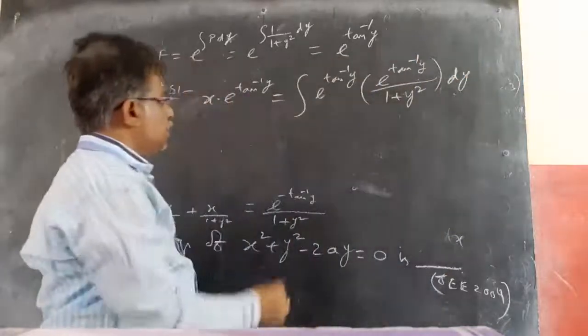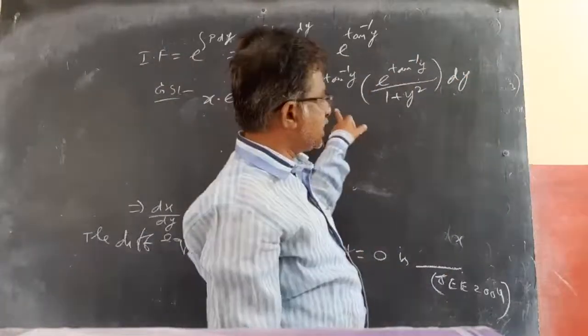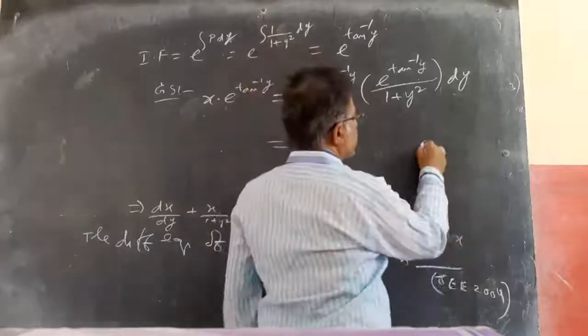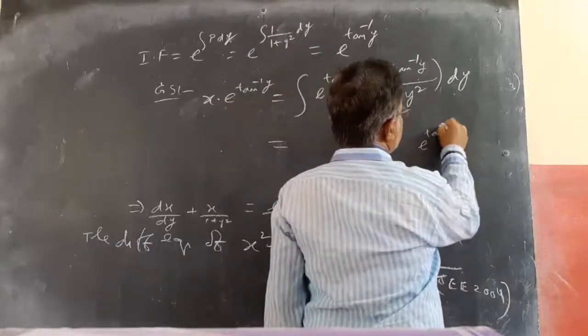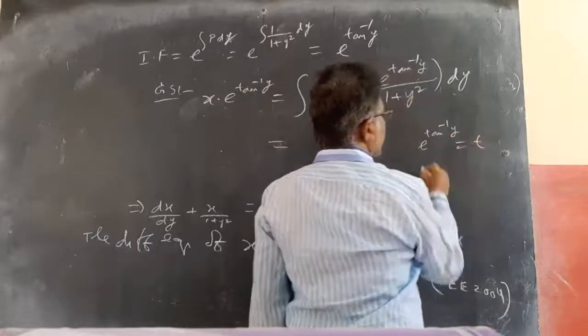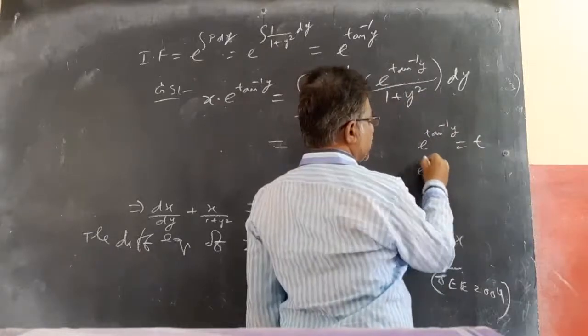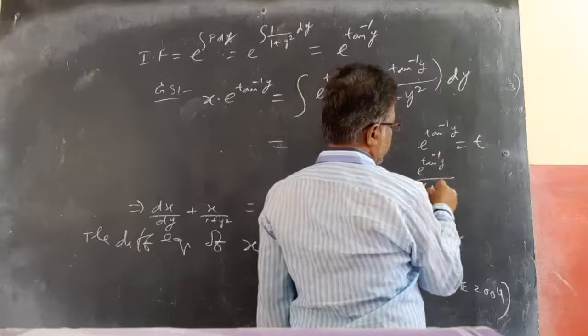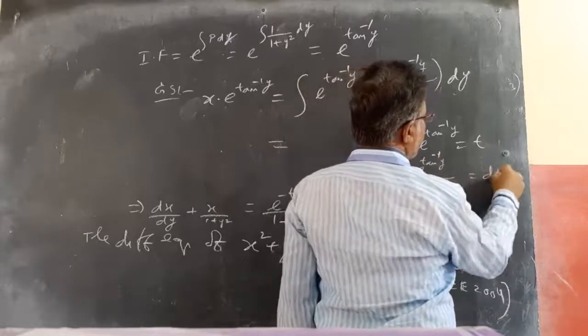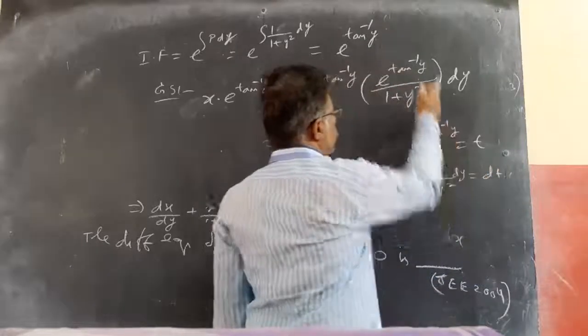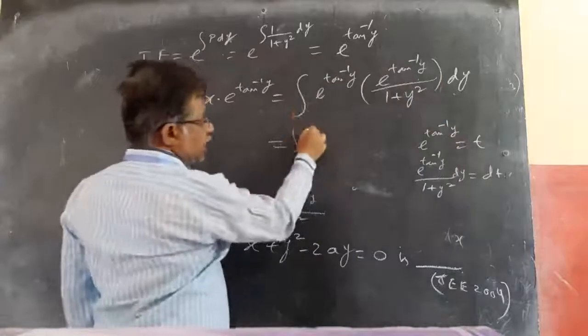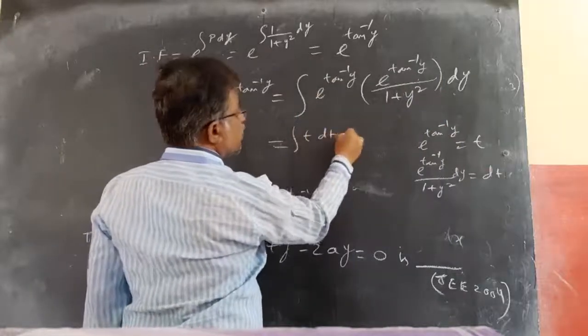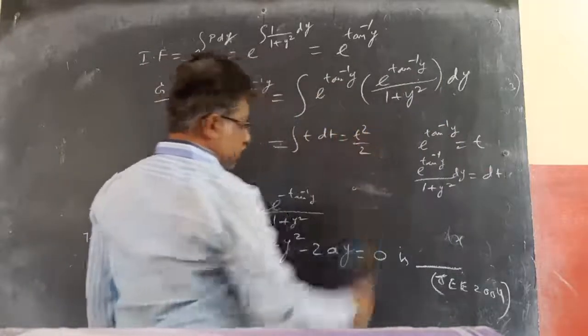Now if you observe, let e power tan inverse y equal to t. What happens? Derivative of e power tan inverse y is e power tan inverse y into inner derivative 1 by 1 plus y square, equal to dt by dy. So this whole part becomes dt. This is t dt, so it's nothing but t square by 2.